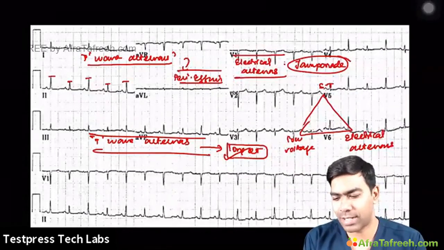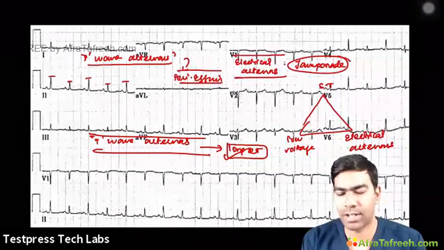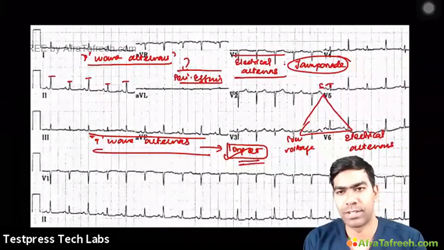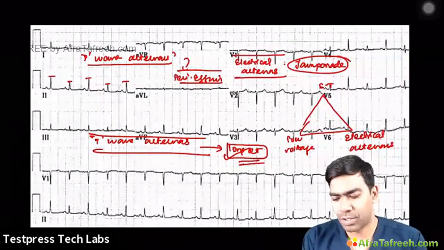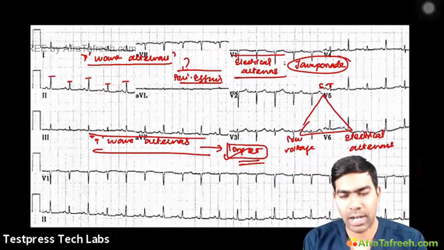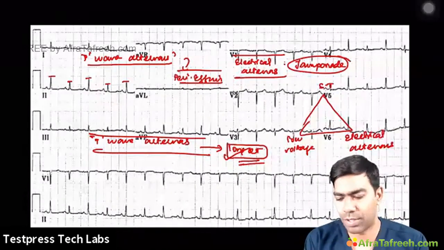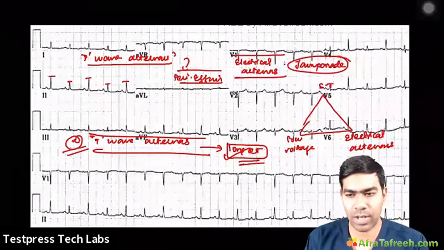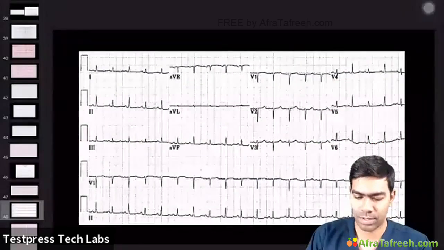What he's trying to tell is there is a high risk of sudden death with T wave alternans, because it's a sign of long QT syndrome. Clear? So P wave alternans, pericardial effusion; electrical alternans, tamponade; and T wave alternans, long QT syndrome. Clear? This is a very important question. If they ask you where you see T wave alternans, you go for long QT syndrome.